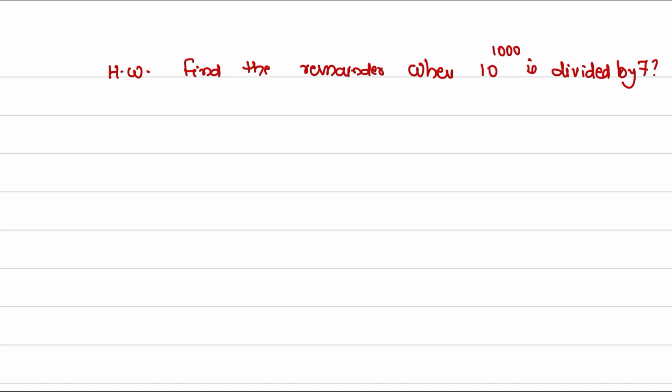You can even take another example also as a homework. Find the remainder when 29 to the power of 2025 is divided by 7.